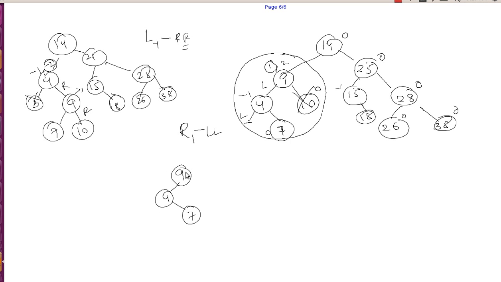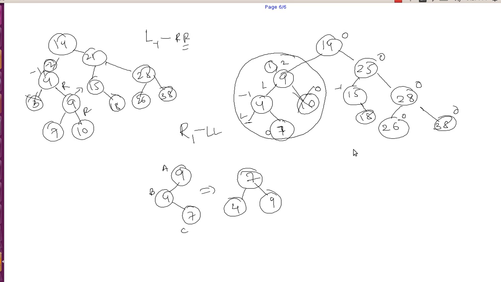Whenever you have this sort of case, you don't have to again go through the process of applying LL and those kinds of things. You simply apply the same rule, that is you have A, B and C. So you directly place the element in this order. Whenever this set of cases apply, directly say that C always becomes the root, and out of A and B whichever is smaller becomes the left hand side part, and whichever is bigger becomes the right hand side part. So this gets attached to your root node.